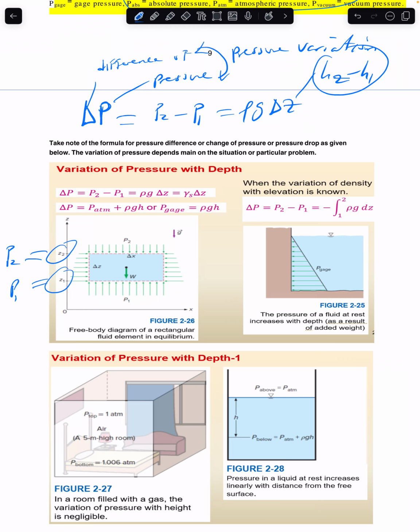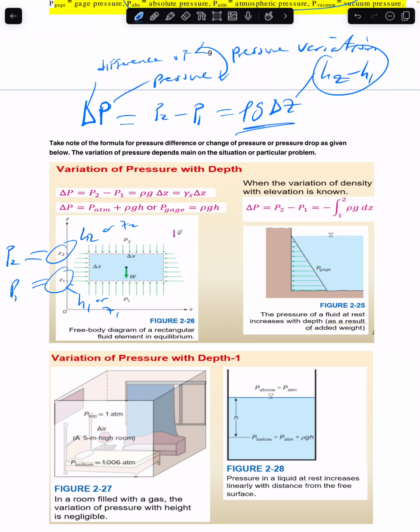So in a case whereby we are not given pressure, we are given height 1 and height 2, or Z2 and Z1, this formula will still go.